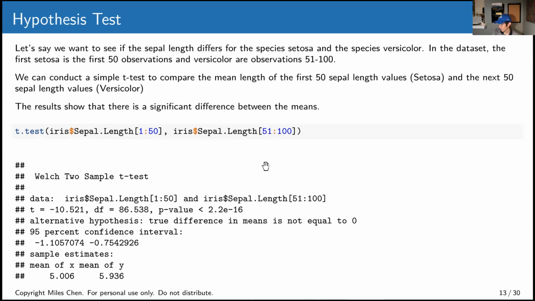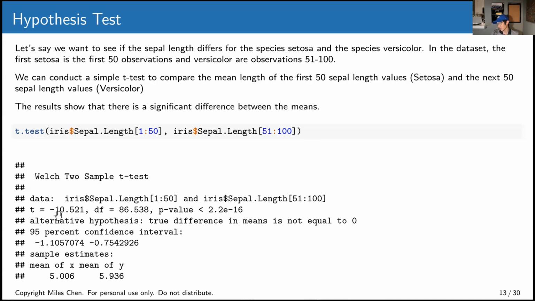We're going to compare the first 50 versus the mean of the next 50, and we get a p-value of practically 0, 2.2 times 10 to the negative 16. This is about as close to 0 as we can get, and we get a t of negative 10. So we're about 10 standard errors away from 0.